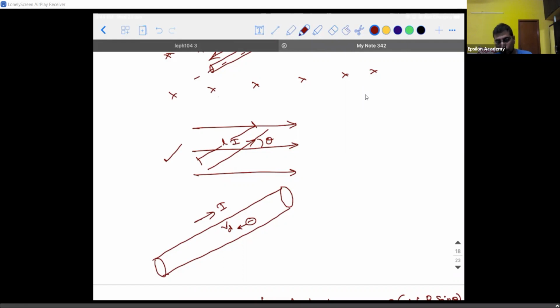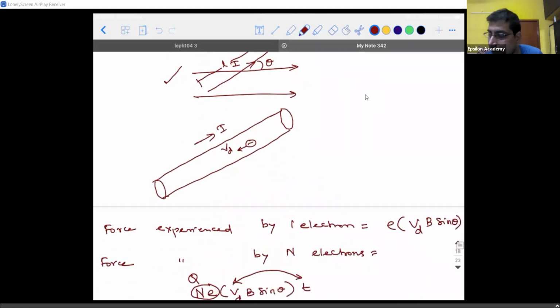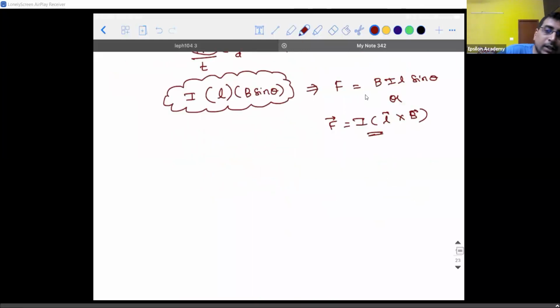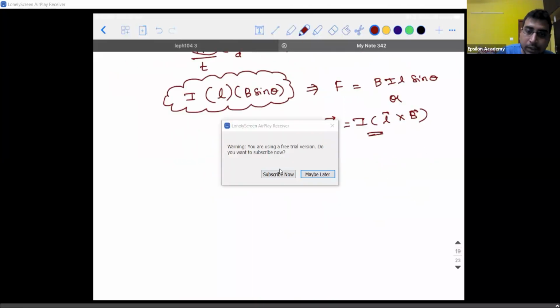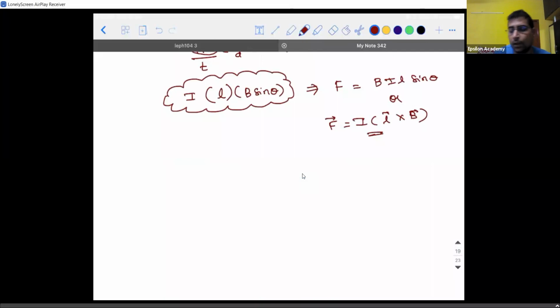Done? Okay. So going forward, you can have this in your mind: the force experienced by a current carrying conductor when it is placed in a magnetic field is I into L vector cross B vector.